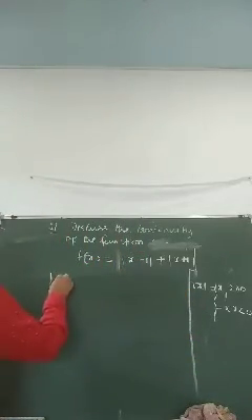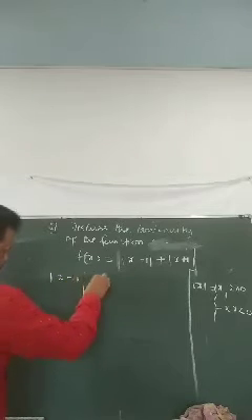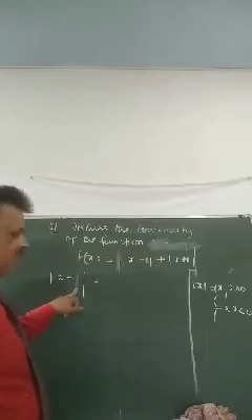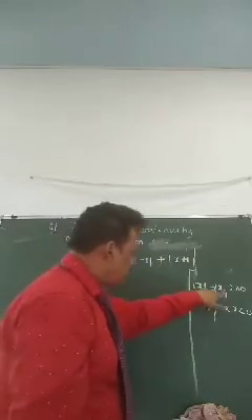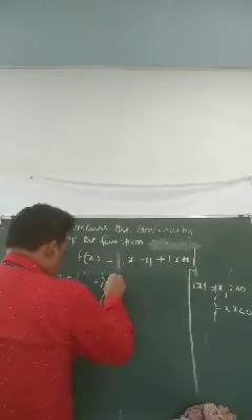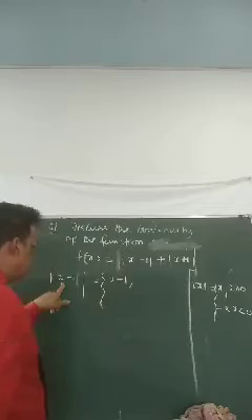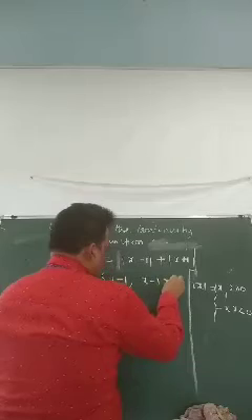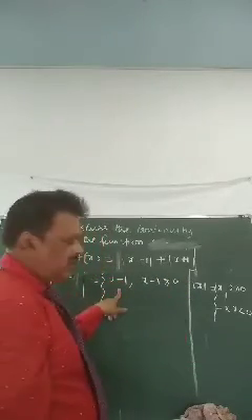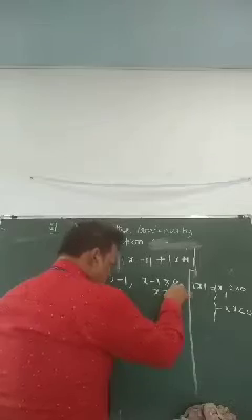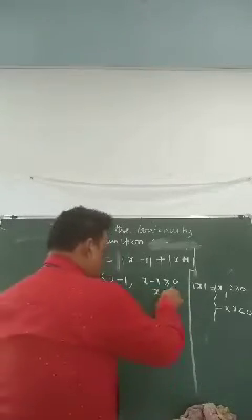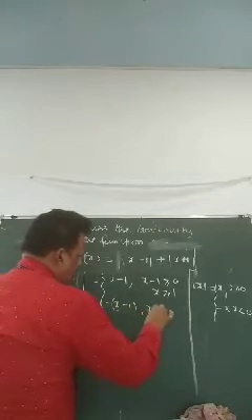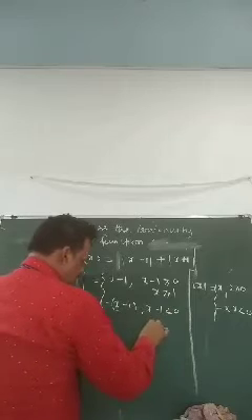What will be mod of x minus 1? Mod of x is x, so mod of x minus 1 will be x minus 1 if x minus 1 is greater than or equal to 0, that gives you x is greater than 1. Minus of x minus 1 when x minus 1 is less than 0, so x is less than 1.